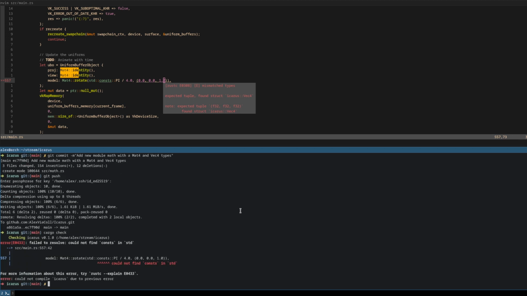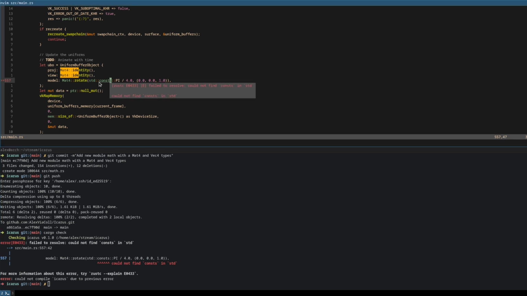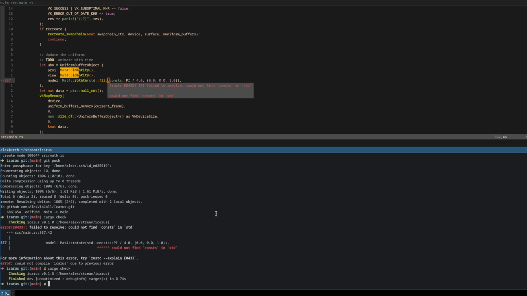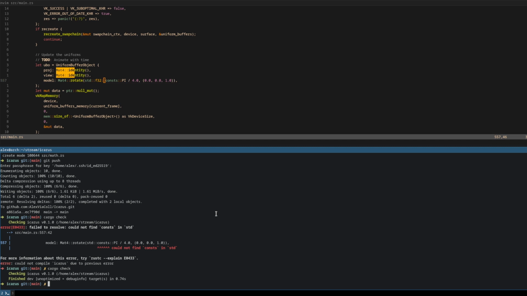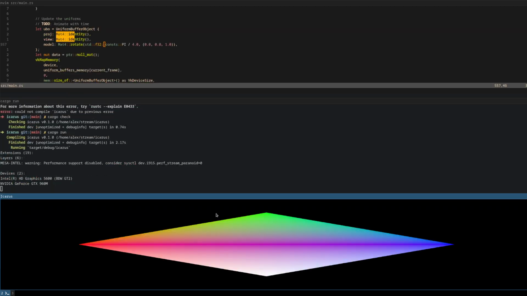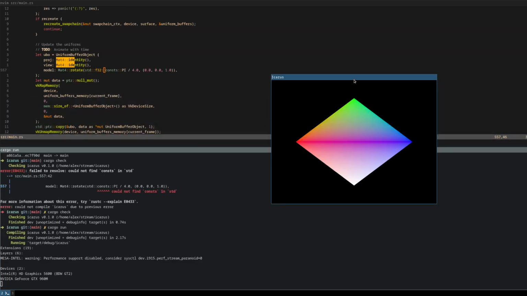So is it standard f32 consts? And if we run this, hopefully we should see the rectangle slightly rotated. Hopefully. And there we go.